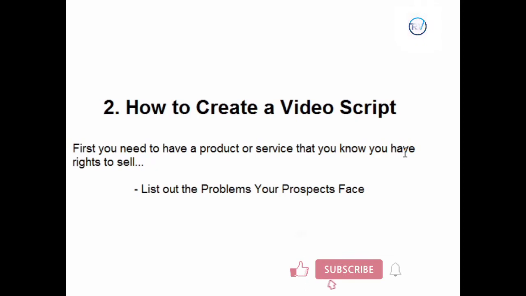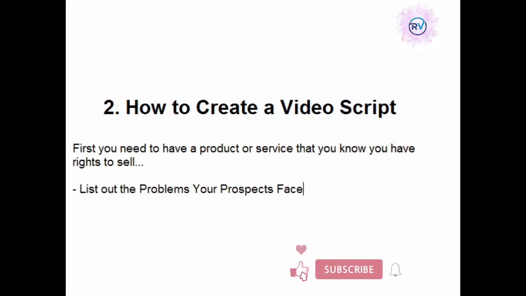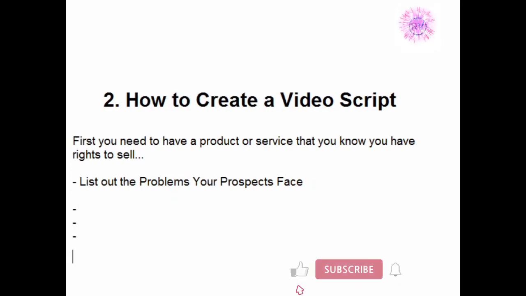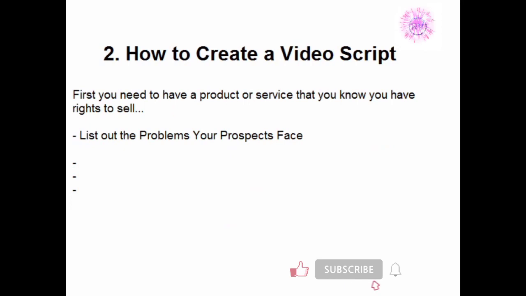So the first thing, list out the problems that your prospects face. You might want to list out 3 problems that your prospects face. Then you want to turn those problems into questions.